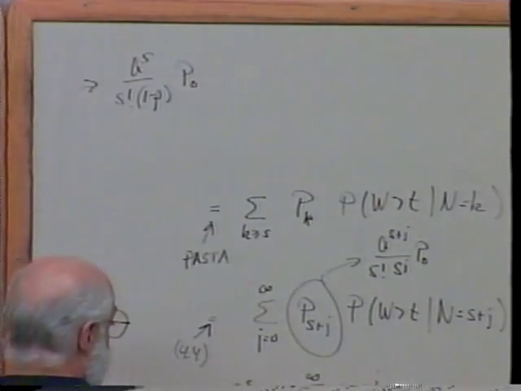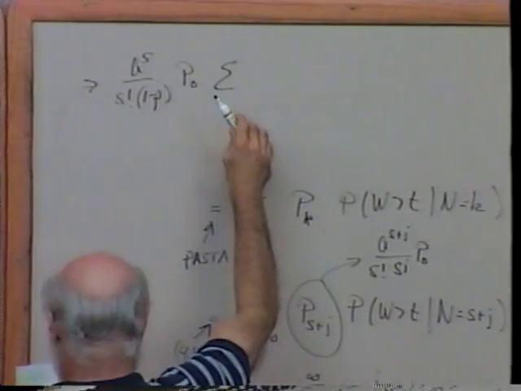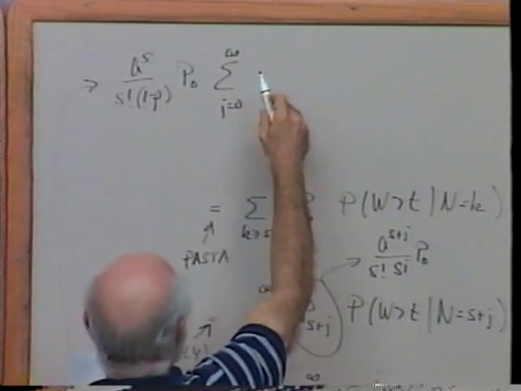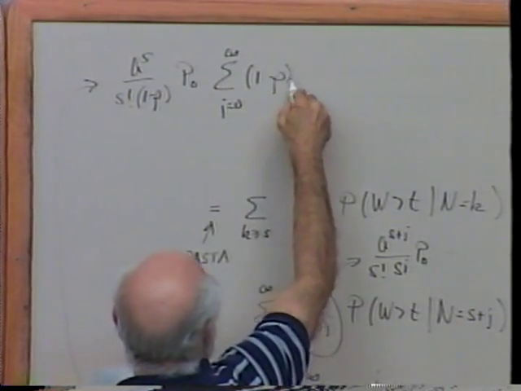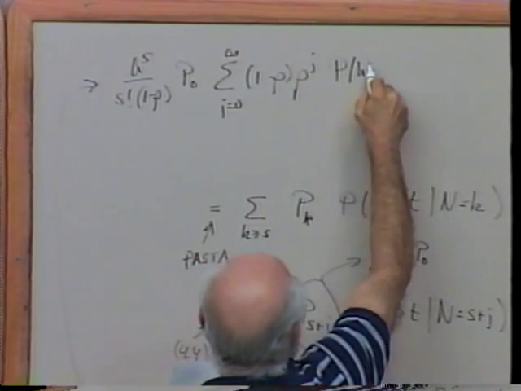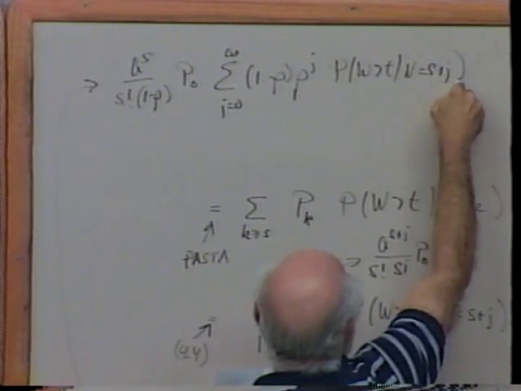So I divided by 1 minus rho, so now I'm going to multiply by 1 minus rho. So I have the summation as j runs from 0 to infinity of (1 minus rho) rho to the j, times the probability that W is greater than t, given number in the system is s plus j.